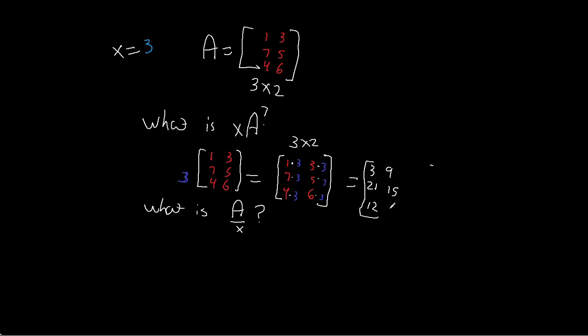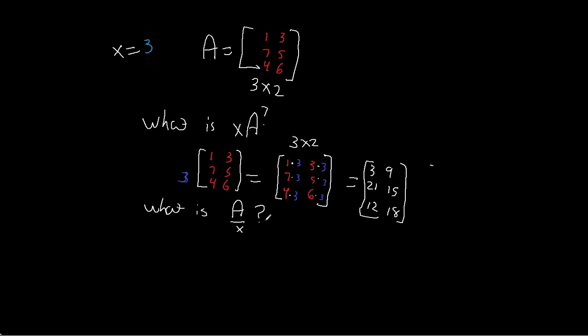And 6 times 3 is 18. So this right here is the scalar multiplication of 3 times the matrix A. Again, we just multiply each element in the matrix by the scalar.